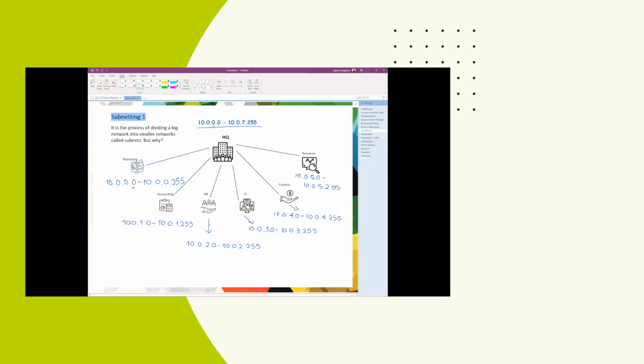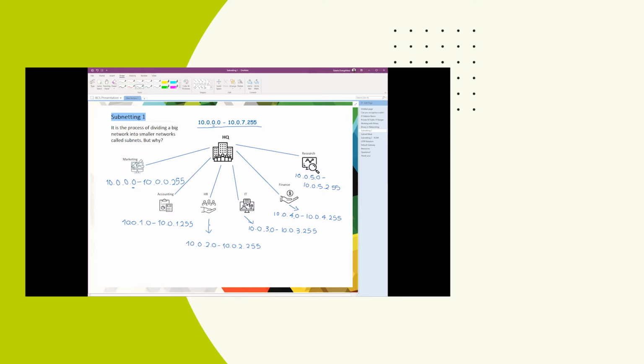Thanks very much. Yeah, that's right. So what we notice here, the network engineers have given each team, each department, a range that is able to host up to 255 devices. 255 devices for marketing, 255 devices for accounting, a capacity of 255 devices for HR, and the same capacity for all the networks.